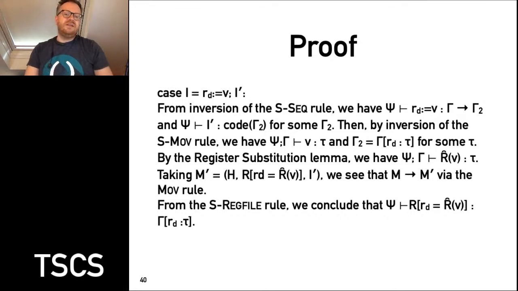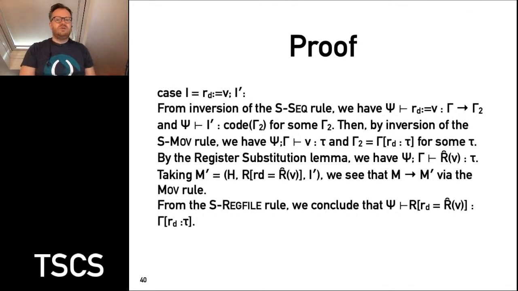And then you invert the SMOV rule, and that gives you that this gamma 2 must be the new gamma, but now the register type is this new type tau for some tau.